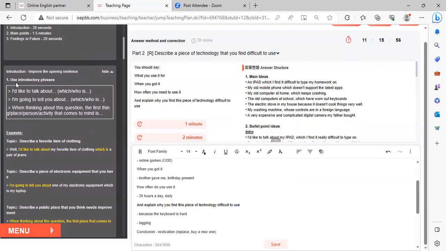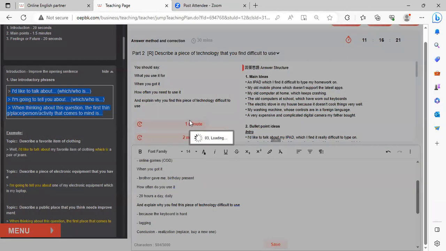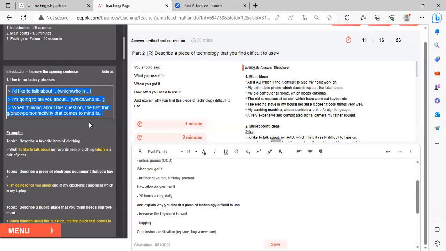The first way to use the introduction is to use introductory phrases. Kindly read them for me. I'd like to talk about; I'm going to tell you about; when thinking about this question, the first thing, place, person, or activity that comes to my mind is. Very good.